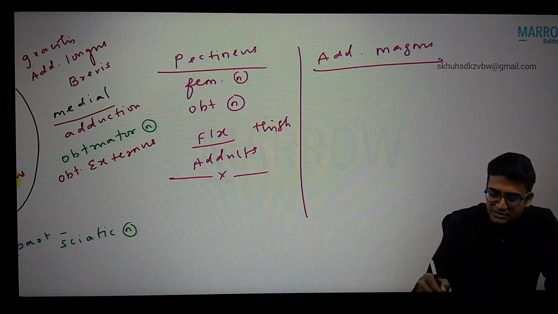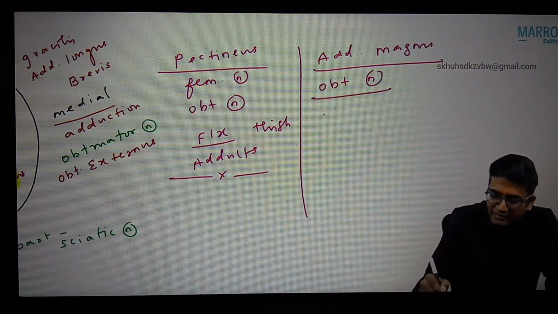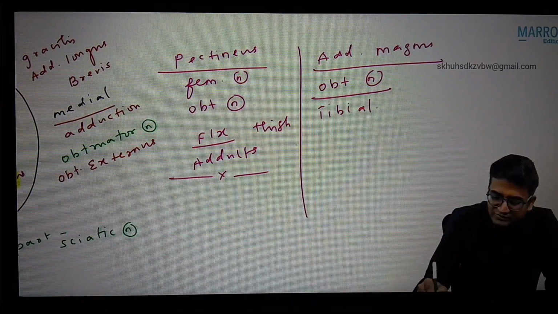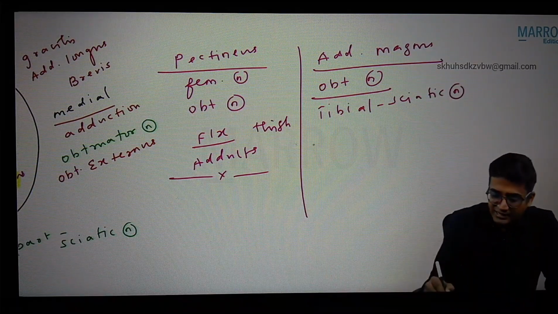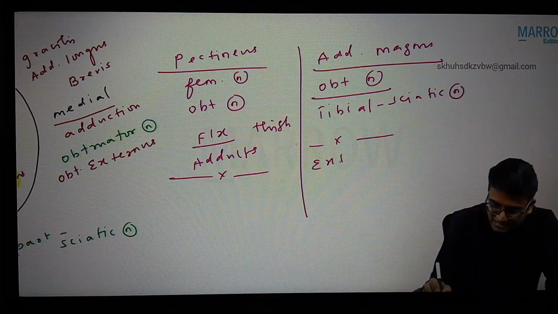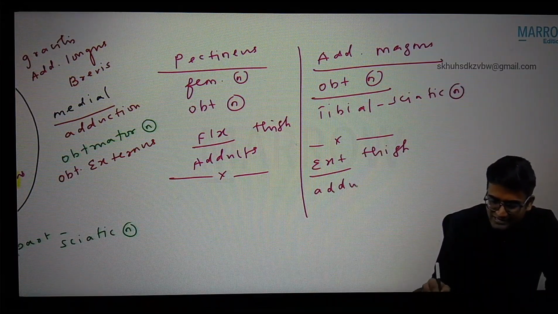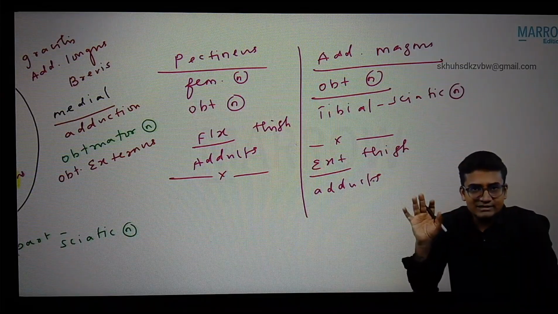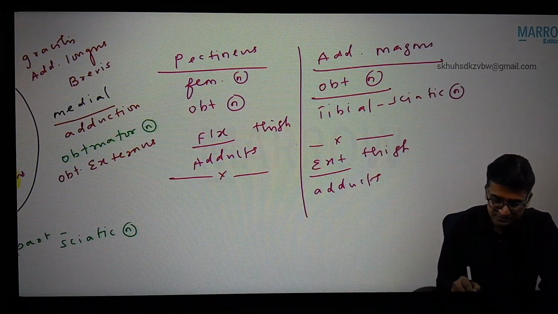So adductor magnus muscle nerve supply: obturator nerve and the tibial part of sciatic nerve. Very good. Now what is the action of adductor magnus muscle? Adductor magnus muscle extends the thigh and also adducts the thigh. Right. This is the action of adductor magnus muscle and the pectineus muscle.